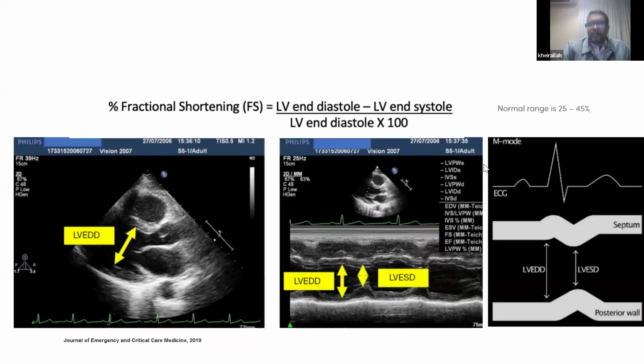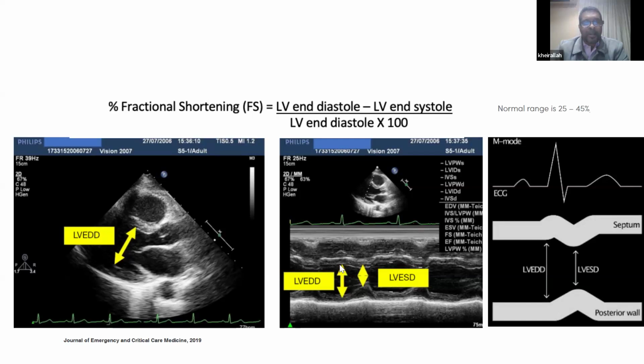So as you see here, in 2D we get the LV in diastolic dimension, and then we scroll to a systolic frame and we get the LV in systolic dimension. We can do that by 2D or, like you see here, by M mode.